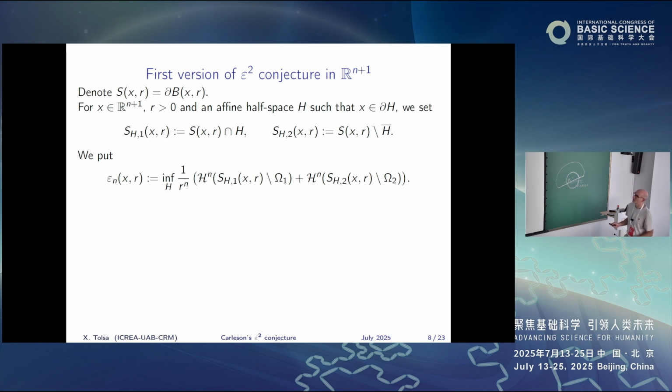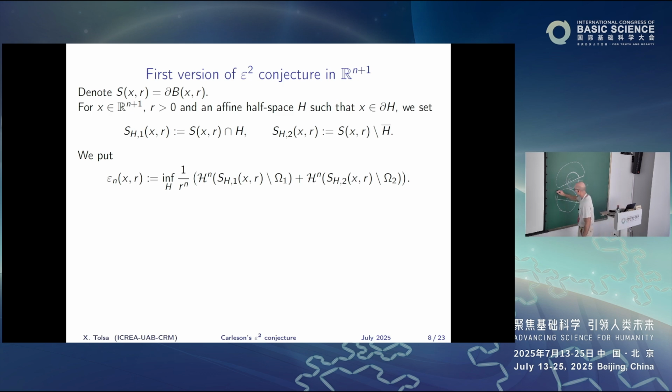And then, in order to do this, we use this notation. S(x,r) stands for the sphere with center x and radius r. And then, given x and radius r, we consider a half space H, such that x belongs to the boundary of the half space. And then we denote by S_H^1(x,r) the sphere intersected with the half space.